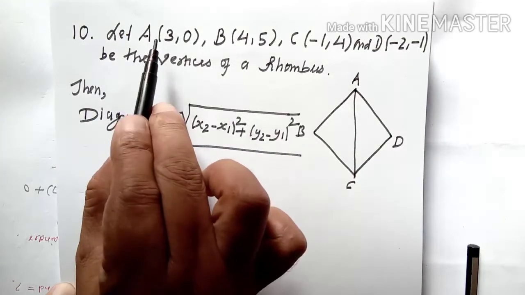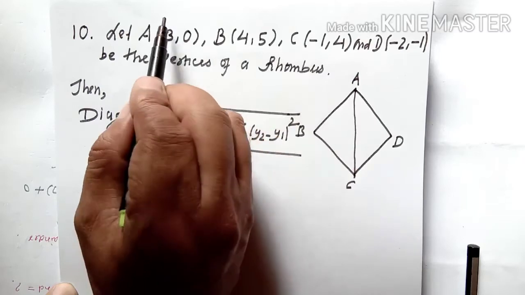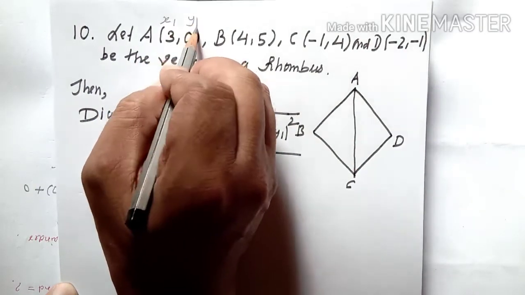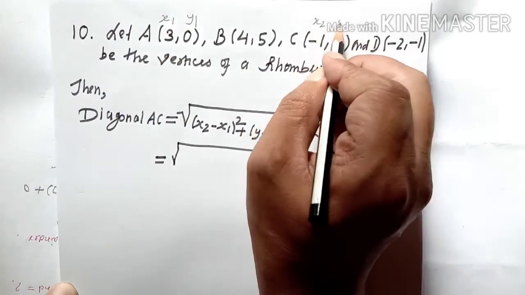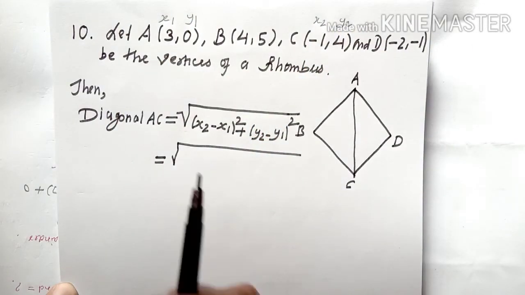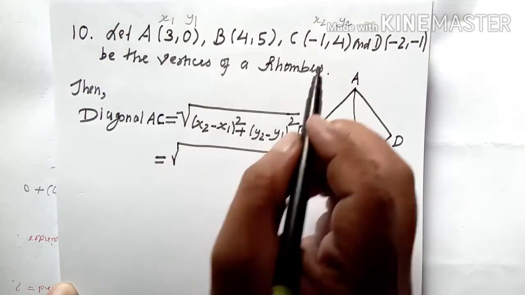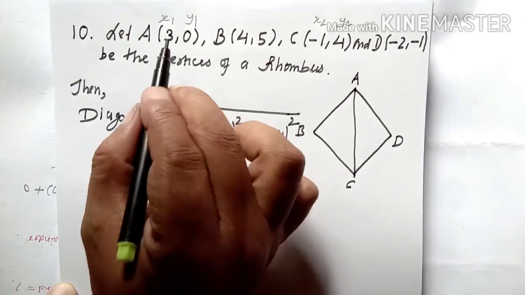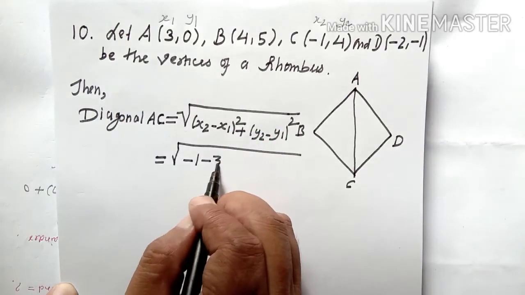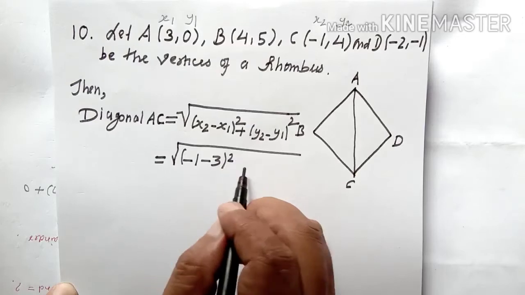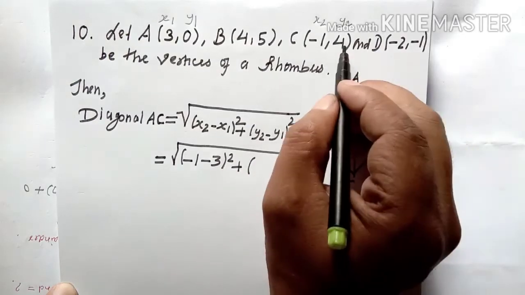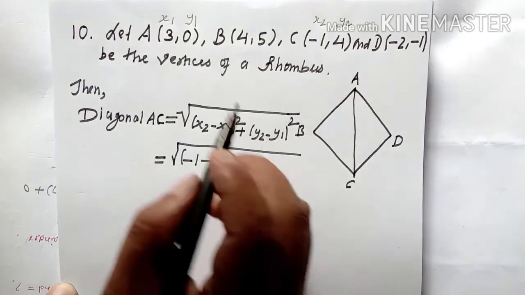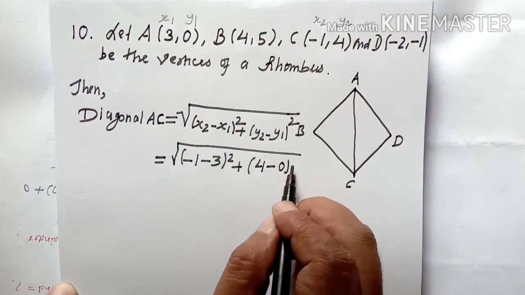After that you'll have to substitute the values of x and y. Focus on A and C. This will be our x1, y1 and this will be x2, y2. So start from point C. Take x2 value, minus 1, minus x1, that is 3, the whole square, plus similarly y2 value 4 minus y1, that is 0, the whole square.